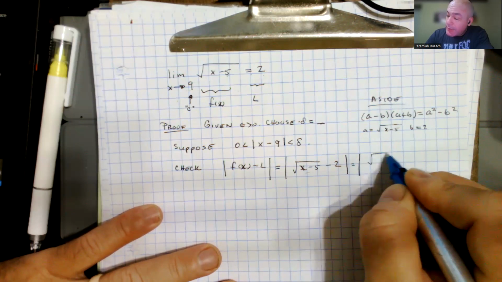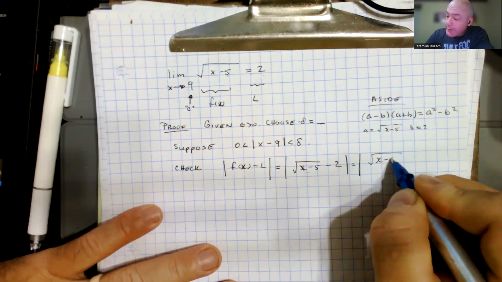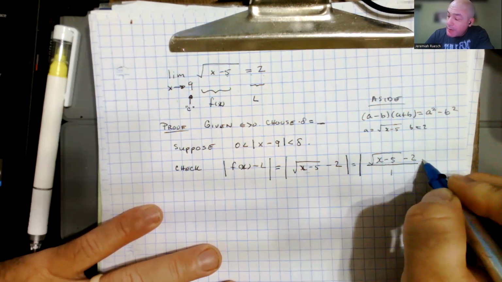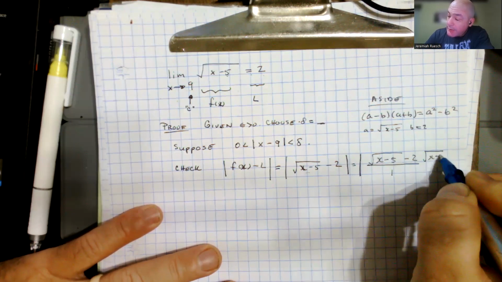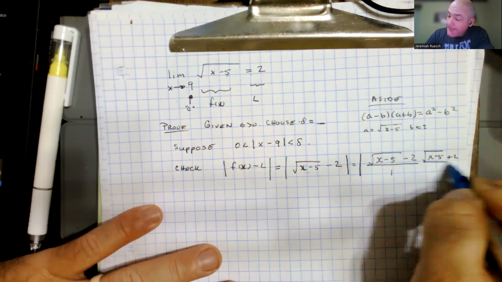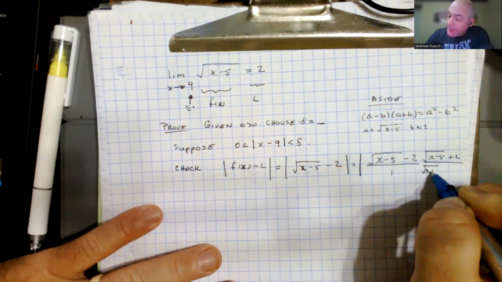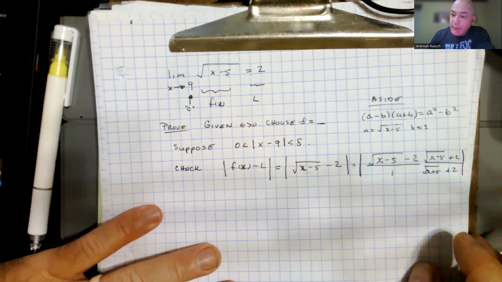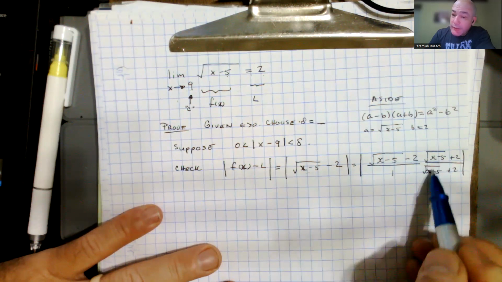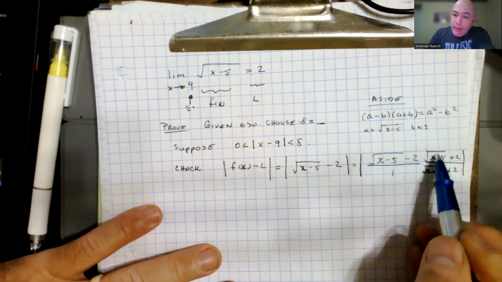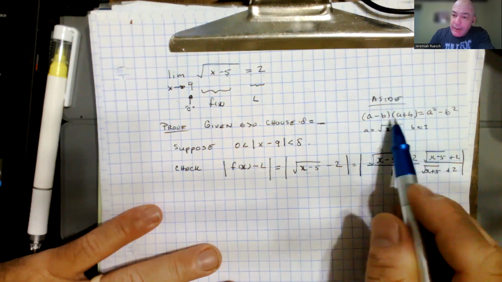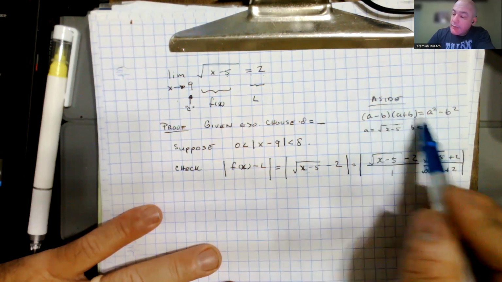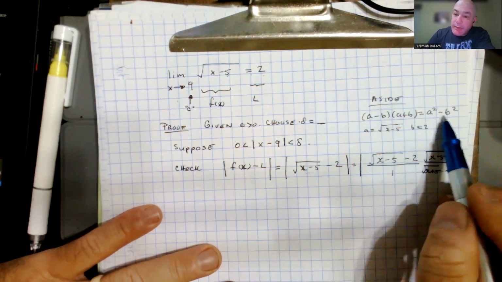So I'm going to rewrite this as the absolute value of the square root of x minus 5 minus 2, over 1, and I'm multiplying it by the square root of x minus 5 plus 2, and then I'll close the absolute value there. Notice that this is multiplied by 1, and I can factor it out just like I did here. Right now it's in this factored form, so the result of this product is going to put it in this form.